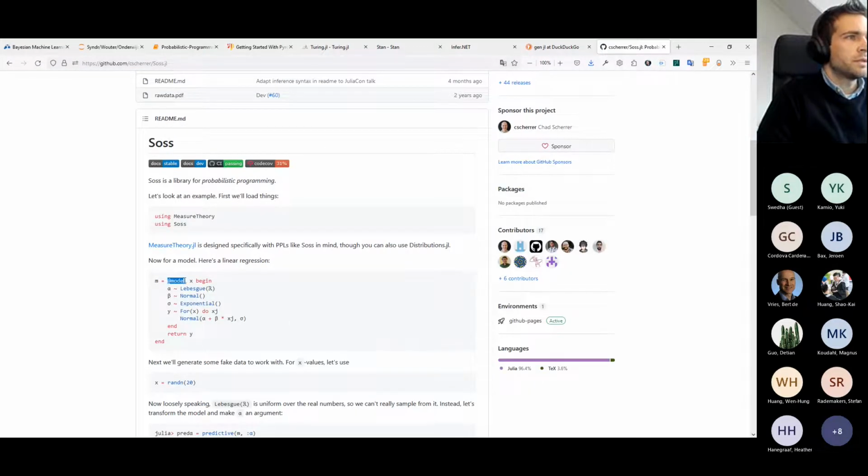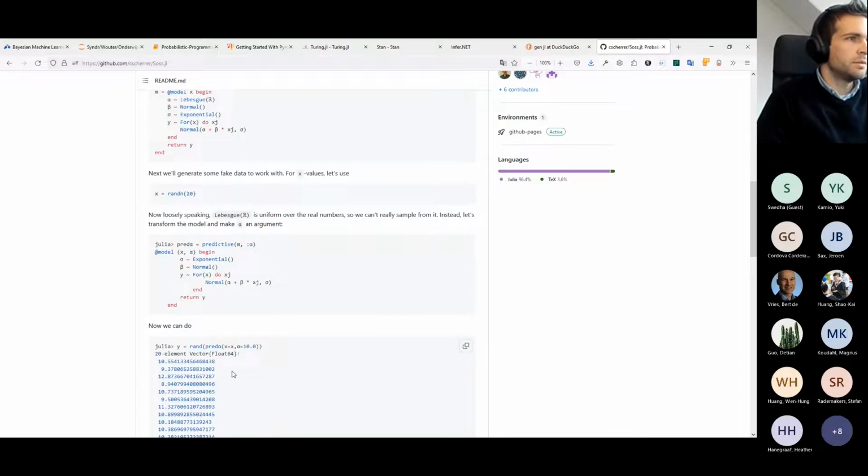So again, there's this macro that says I'm defining a model now. I'm calling it M, and then I have these distributions. So I'm indicating that these unknown variables are, and I'm not assigning a value to it, but I'm indicating that I have some uncertainty over this, expressed by a probability distribution.